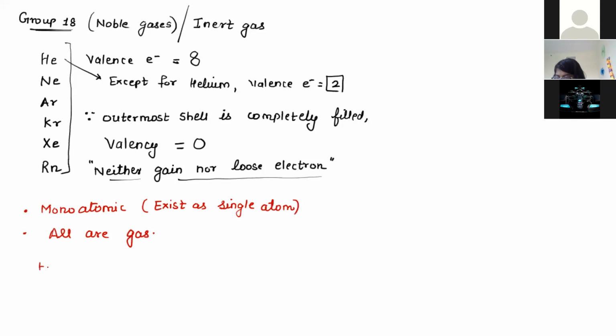Talking about helium, helium is used in hot air balloons. Neon is used in signal boards, those neon color lights. Argon is used in light bulb filaments.